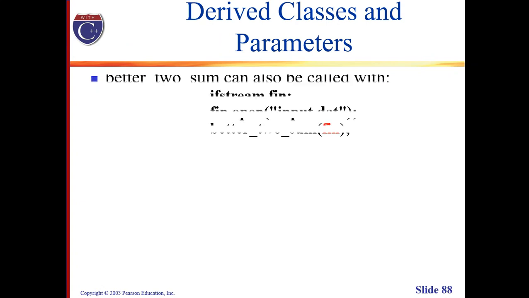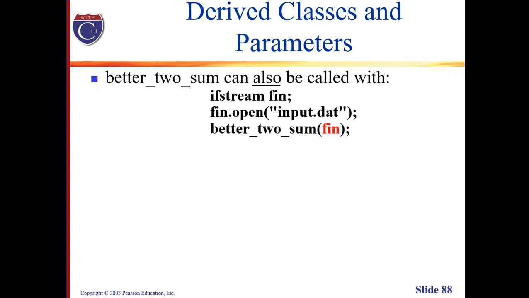Now let's talk about derived classes and parameters. We now have this version of toSum, and this can also be called with an input file stream parameter, in which we open a file for input, and then we pass the input file stream object as an argument whenever we call the toSum function.